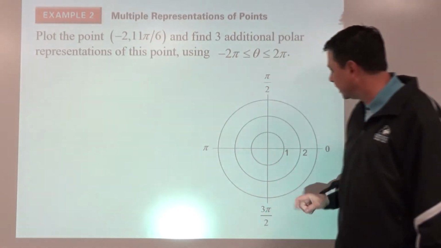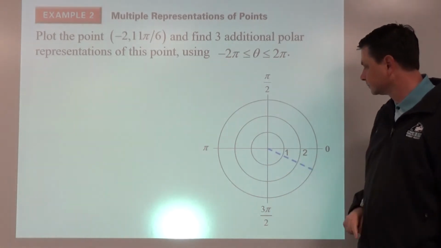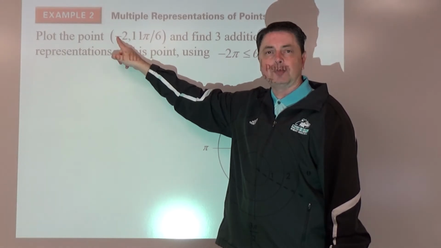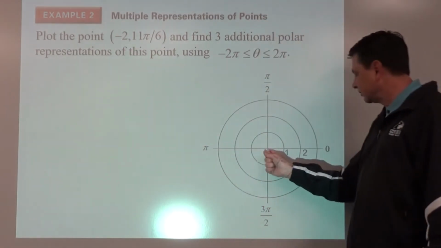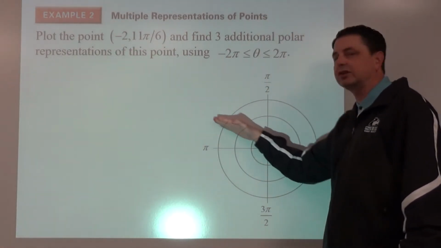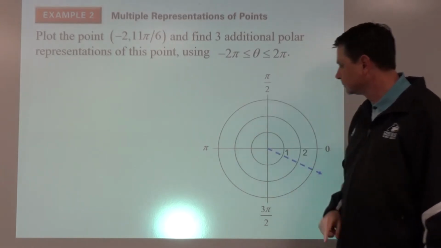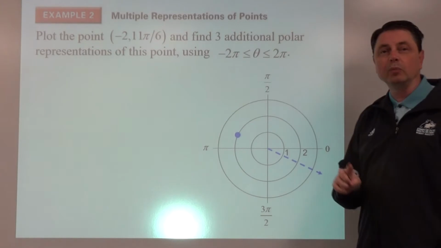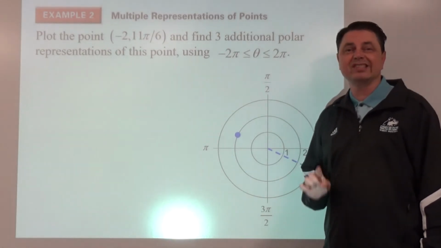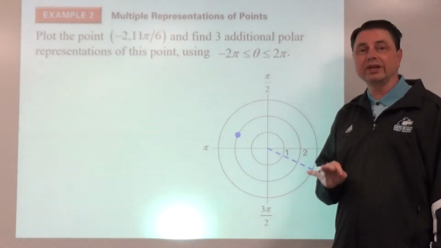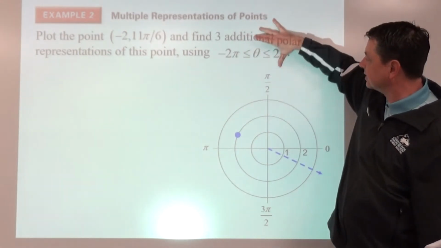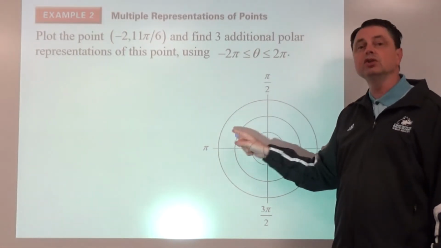Where is 11 pi over 6? We're going to go 2 units, but the opposite way. So instead of going here, we're going to shoot across, go the other way. Okay. Now, pause the video here and see if you can come up with 3 other polar coordinates under this condition that land you right there.